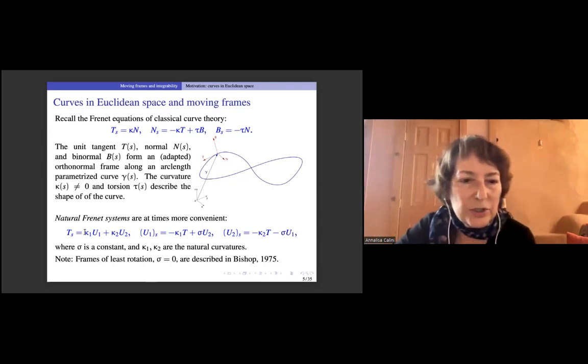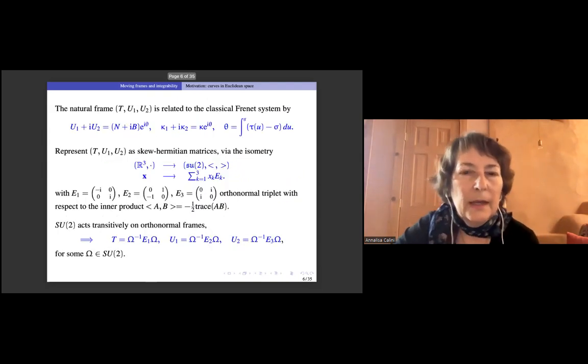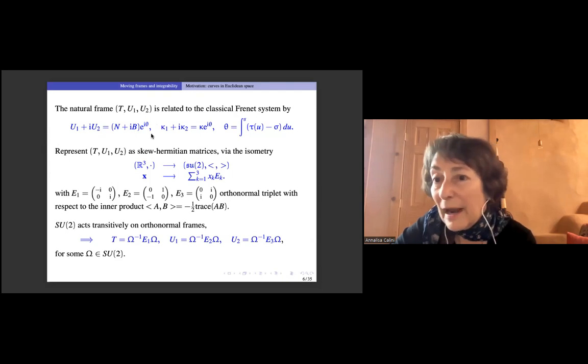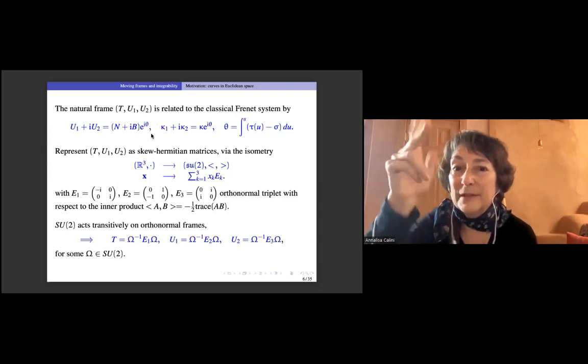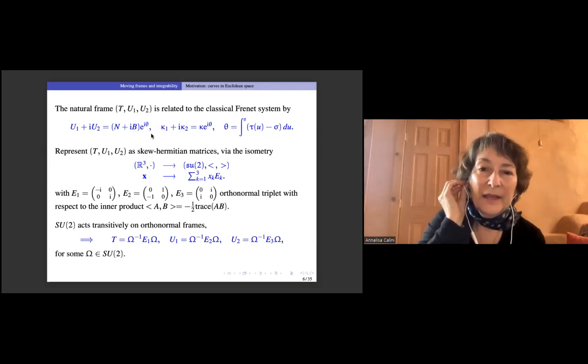If I switch to such a natural frame, and by the way, this natural frame is related to the Frenet frame in this way. I wrote it in a complex form, but essentially the first expression here describes simply the rotation of the N and B vectors in the normal plane to the curve.